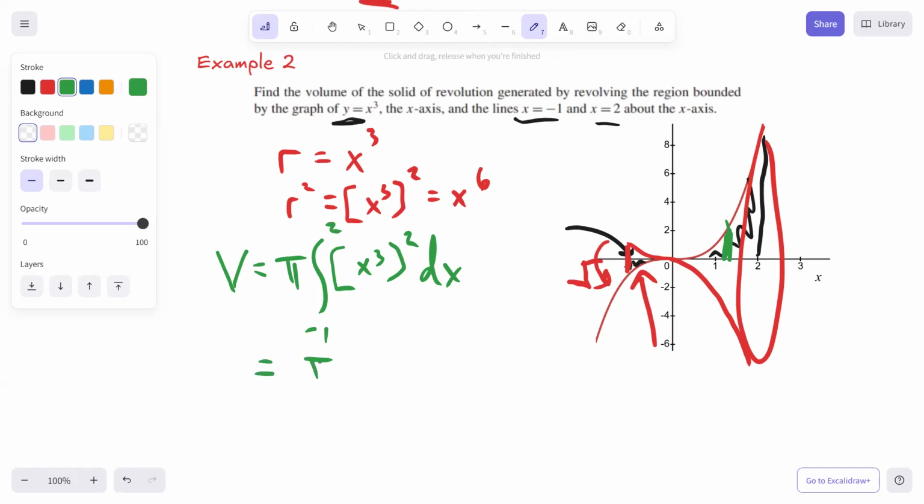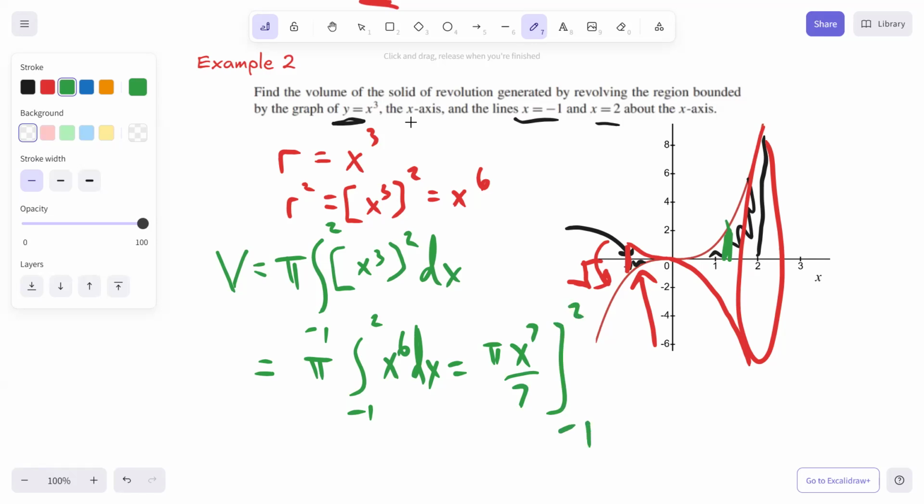Okay, so that's pi times the integral from -1 to 2 of x to the 6th dx, which is going to be pi times x to the 7th over 7, and we're going to go from -1 to 2. And then what we would do is plug in 2, plug in -1, and subtract.